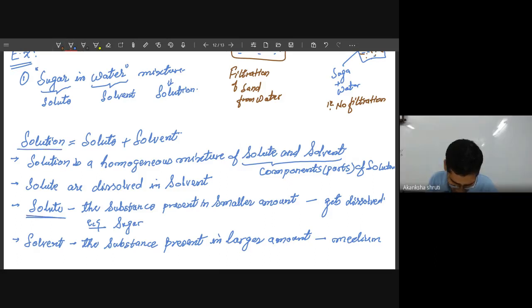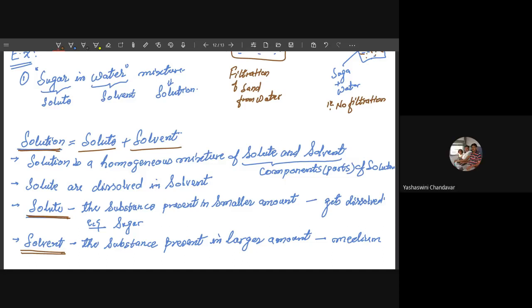So the entire solution consists of two parts. One part is called solute, another is called solvent. Since it is a mixture, the substance taken in a smaller amount is called solute, while the substance present in a larger amount is called solvent.